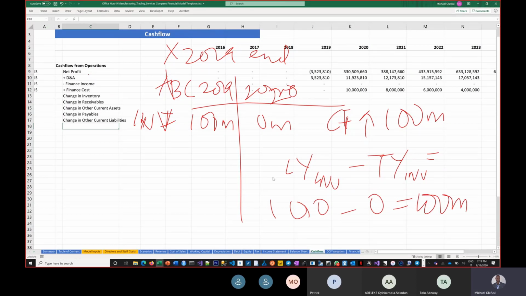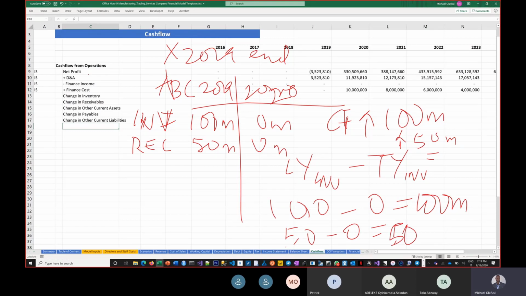So just remember that inventory, similarly for receivables, if we had people owing us 50 million naira at the end of last year and they all paid up this year, that 50 million naira they paid is going to reflect in our cash flow as going up by 50 million. And again, it's last year minus this year. So whenever it's an asset, change in working capital is last year minus this year. That's how you're going to get the direction it will have on your cash. And if it's a liability, let's see how a liability works.